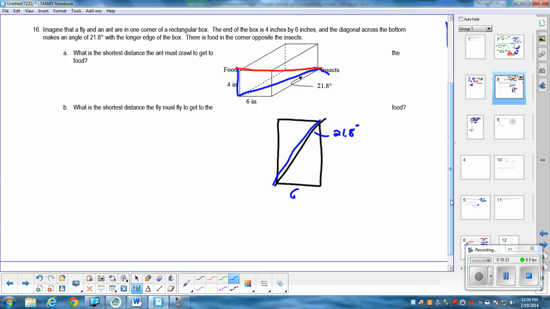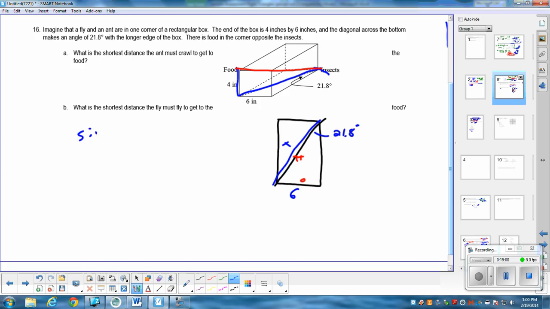We know this side here is 6 inches. So to find this blue line here for the first path of the ant, we need to use some trig. Let's call that x. In this triangle, we know the opposite. We're looking for the hypotenuse, which means that we are talking about sine.